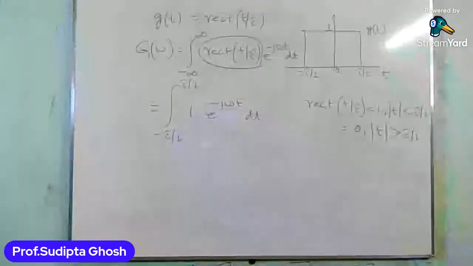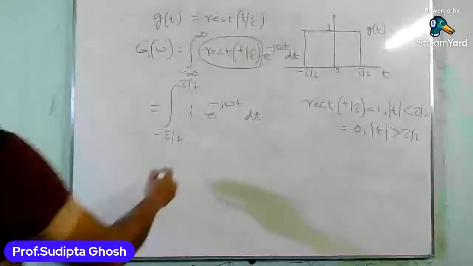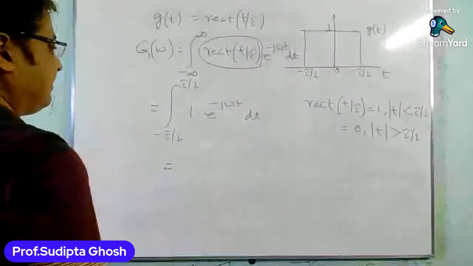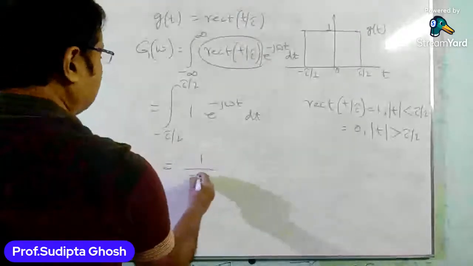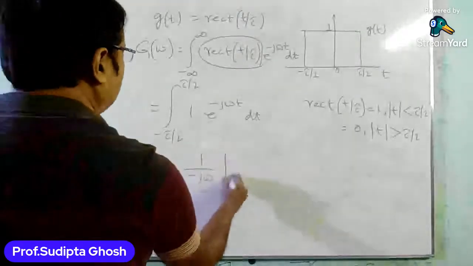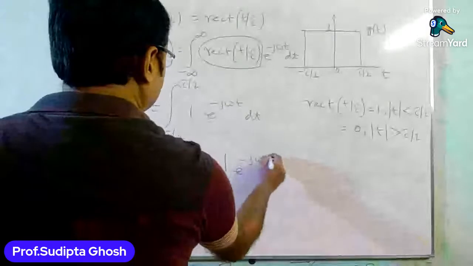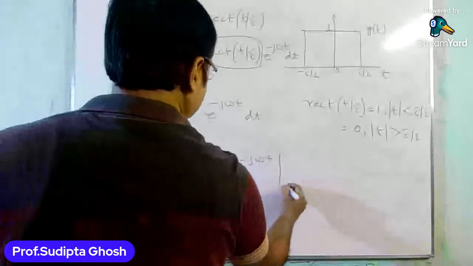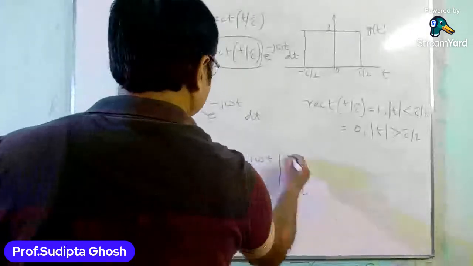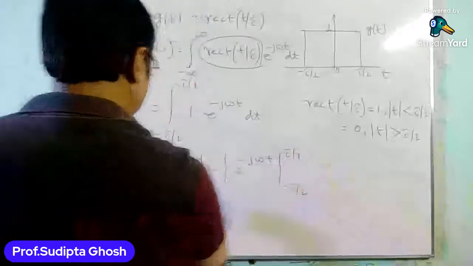The Fourier transform reduces to this. Proceeding towards the integral value, it is 1 by minus jω, then e to the power minus jωt, where the limit is minus τ/2 to plus τ/2.